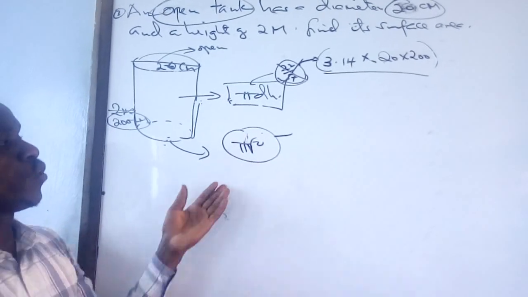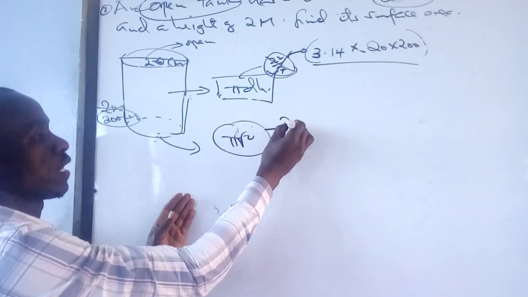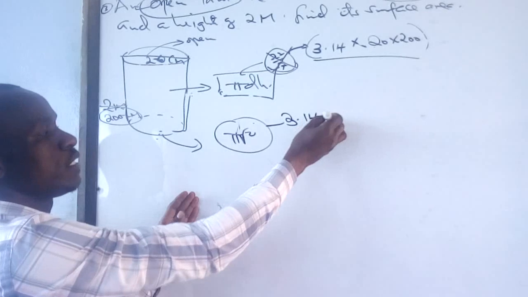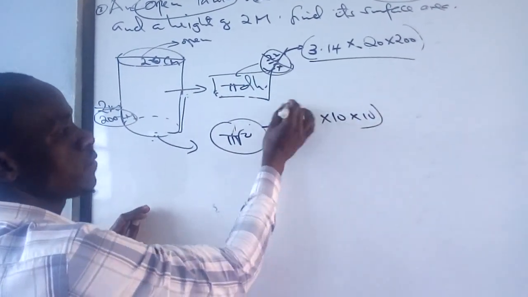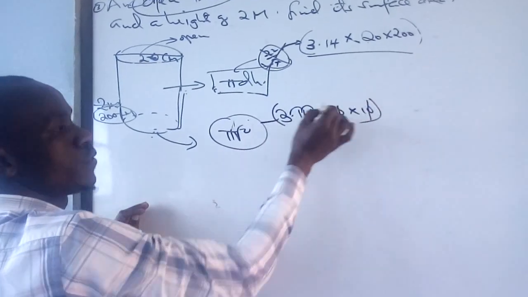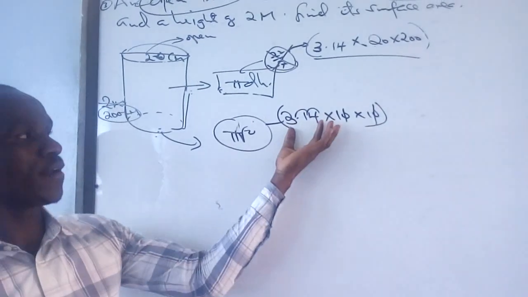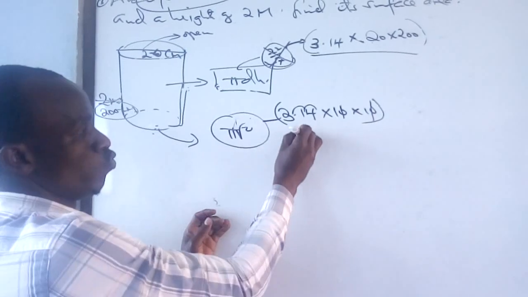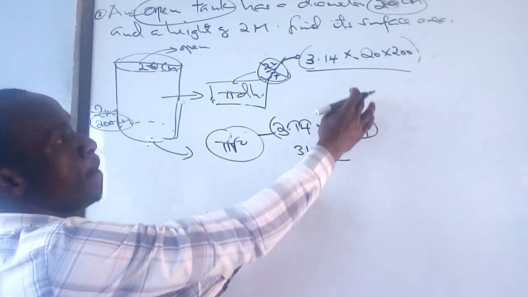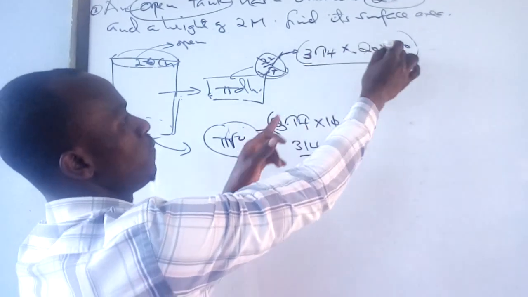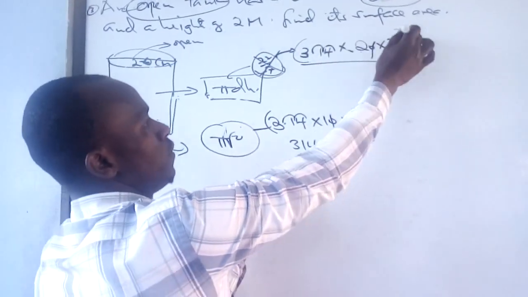Now we come to the next, which is pi r squared, which is again 3.14 times our radius. Diameter 20, so radius 10 times 10, the zeros simplify, 314 times 1 times 1, which is 314 centimeters squared. Plus we have this 0 moving with that, then we have another 0 moving with that.